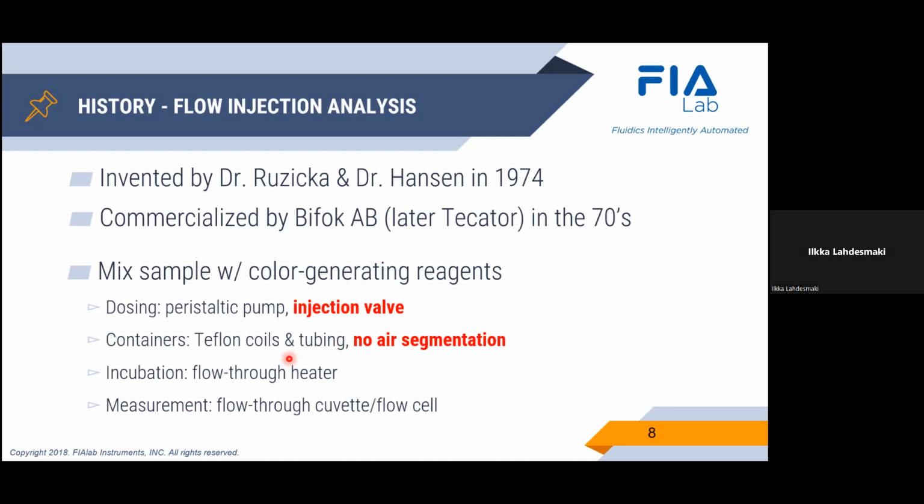The containers inside which all the chemistry happens are still coils and tubing, but FIA uses Teflon as the coil and tubing material as opposed to glass. Very importantly, FIA does not use any type of air segmentation. What's flowing inside an FIA instrument is only liquids. Heated incubation is still done with a flow-through heater, and color measurement is still done with a flow-through cuvette or the flow cell.